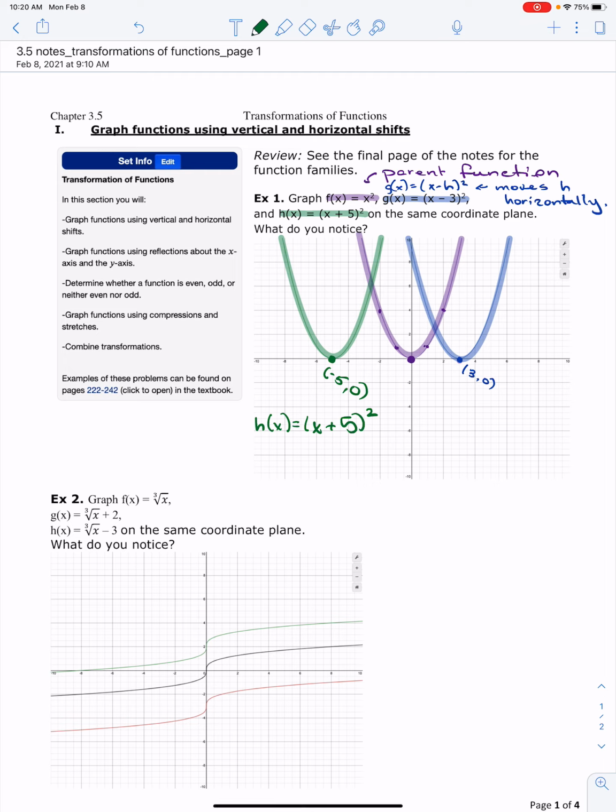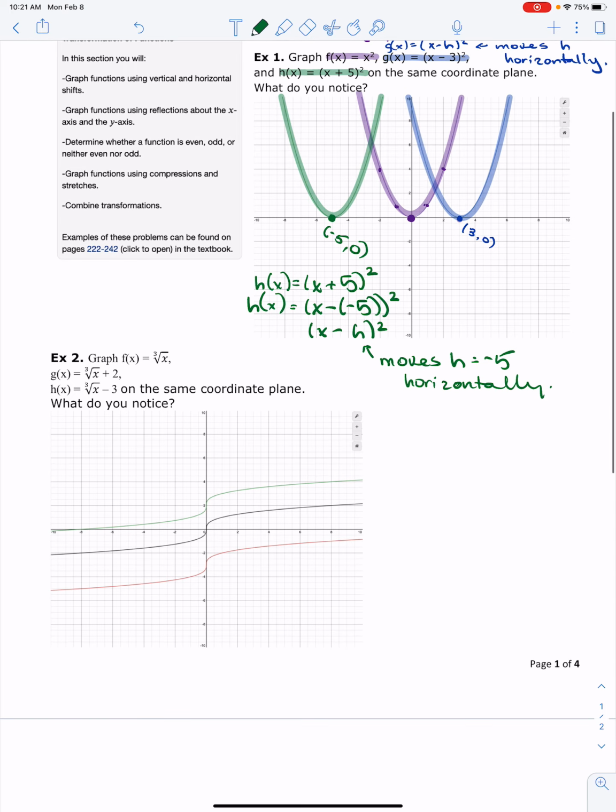Again, the parent function that we are working with is that square. So I want to write this in x minus h form. H equals negative 5. So this moves us horizontally 5 to the left.